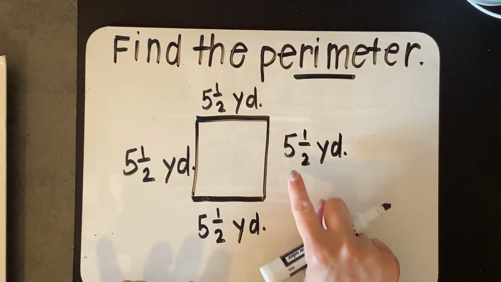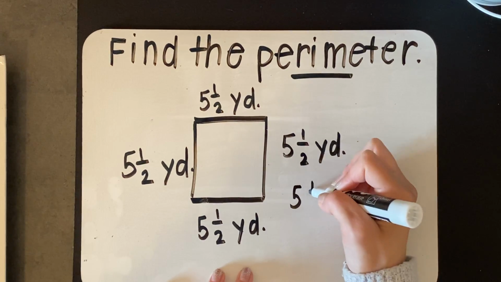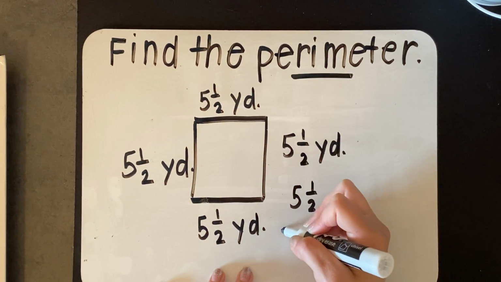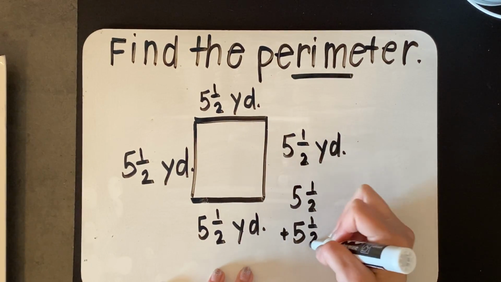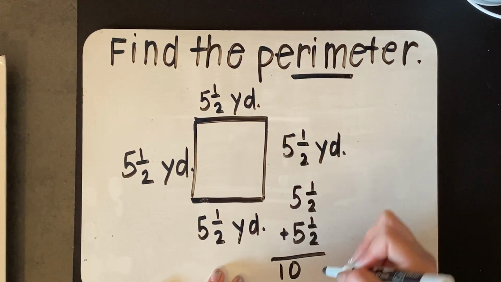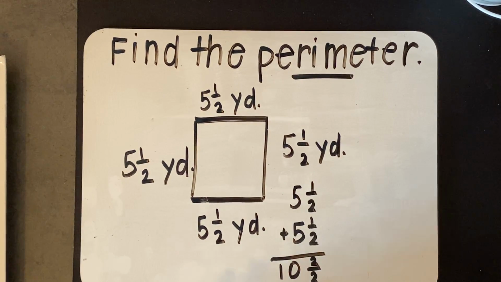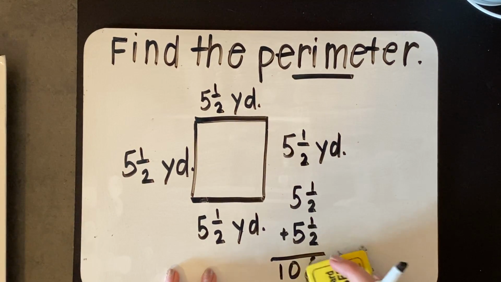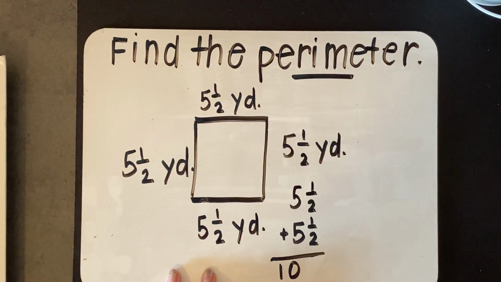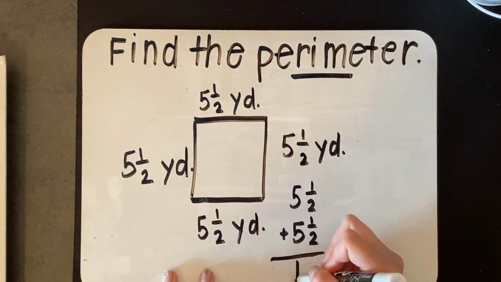So I'm just going to add one of these at a time. So 5.5 plus 5.5, add the whole numbers is 10. Half plus half equals 2 halves, or a whole. We know that we can trade a fraction out for a whole if it's equal to that. So 2 over 2 equals 1 whole. So I'm going to add a whole onto the 10.